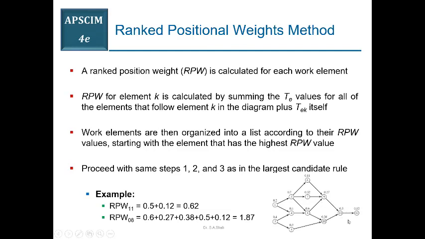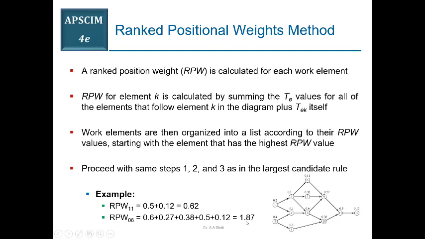So this set of elements are the followers of work element number 8. So 8 plus 9 plus 10 plus 11 plus 12 gives the rank value accordingly, and this value will depend on the operational time. So RPW 8 will be simply 0.6 plus 0.27 plus 0.38 plus 0.5 plus 0.12, which comes to 1.87.